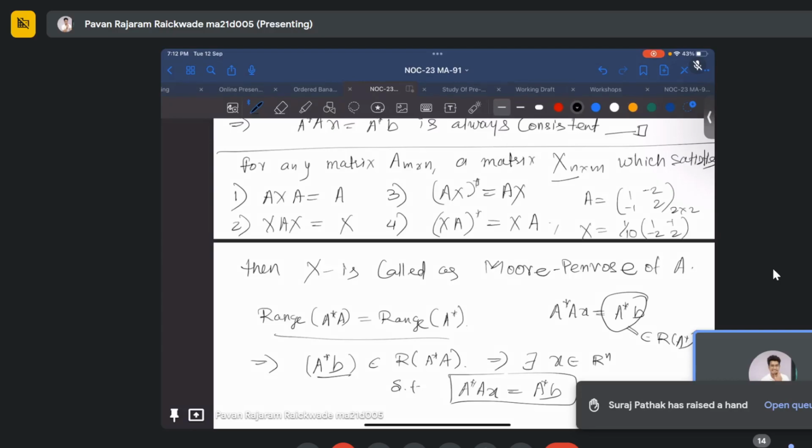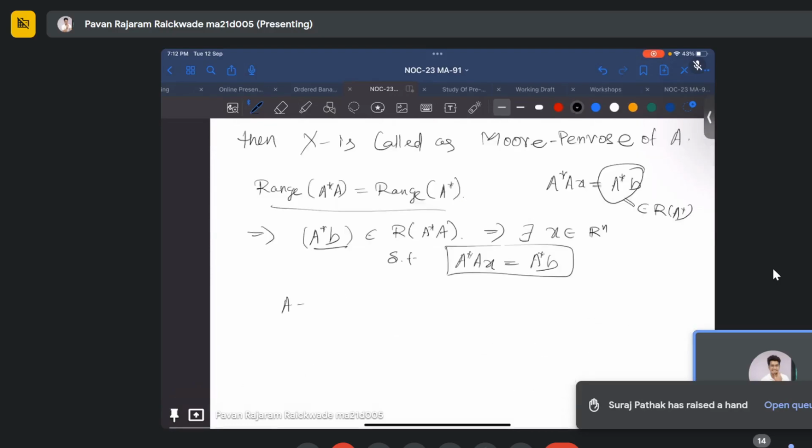If you remember, this was my X there, which is also called A dagger. But if this A matrix was, let's say, something like 2 cross 3, like 2 1 1 0 1 0, this is a 2 cross 3 matrix. Then A dagger, which is X in this whole scenario, will be a 3 cross 2 matrix, something like 1 2 3 1 1 minus 1. I mean, this is not A dagger, I'm just saying it as an example. Yes, this is what is meant by n cross m.